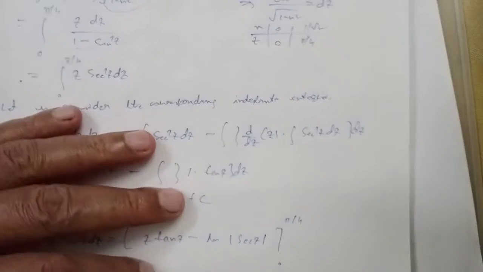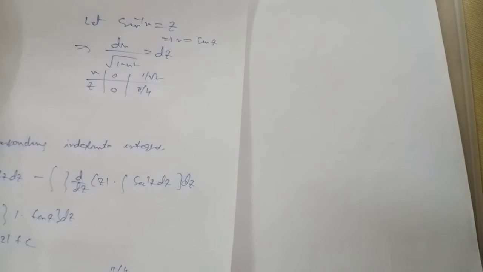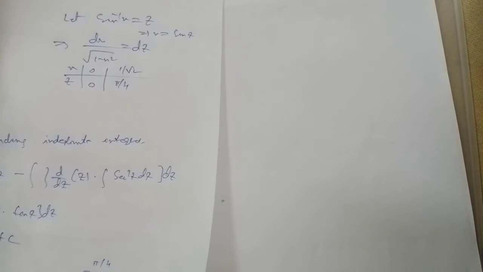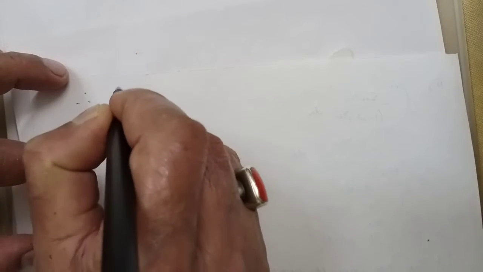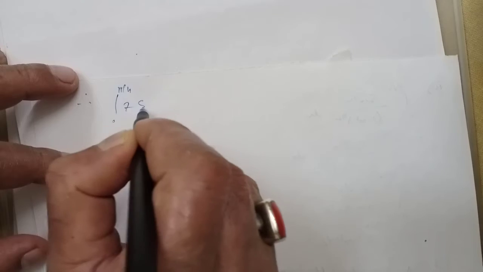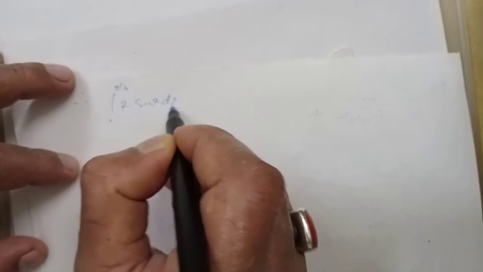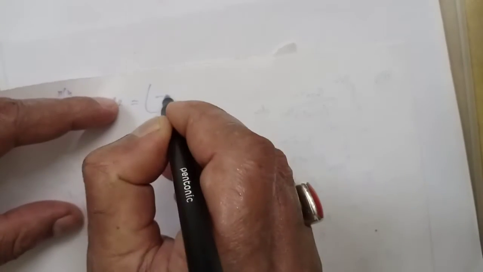Now we will do the corresponding definite integral part. So therefore integration 0 to pi by 4 z sin z dz will be minus z cos z plus sin z.